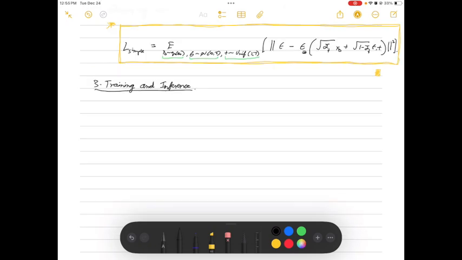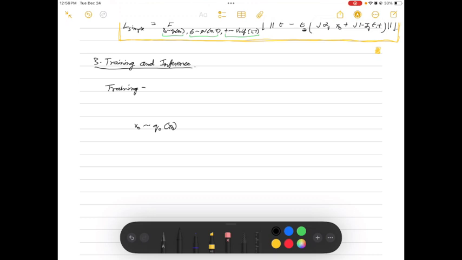We start by looking at the training of the DDPM model using this L simple loss. So for training, we will need each of these three things that I've highlighted: the data sample x0 from the initial distribution. So x0 is sampled from q0 of x0.